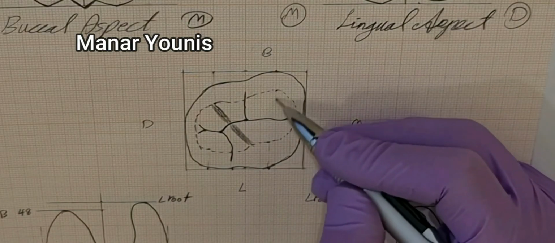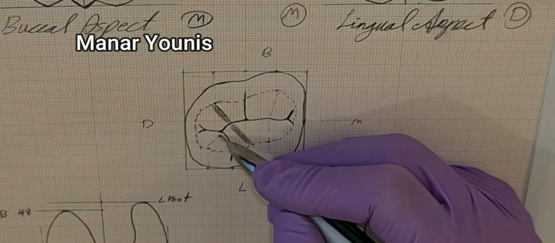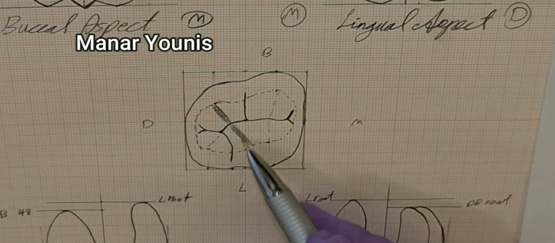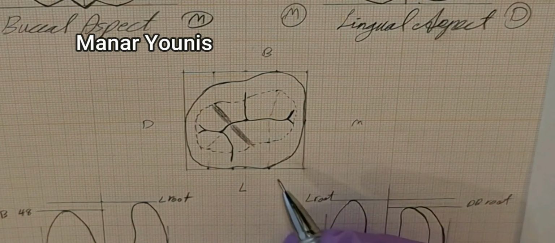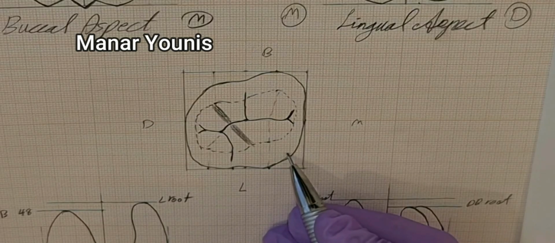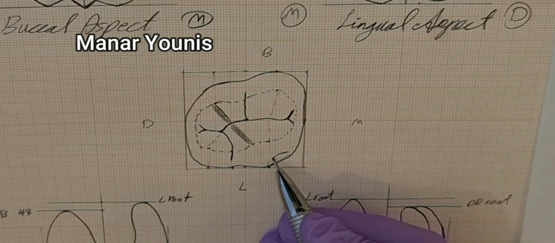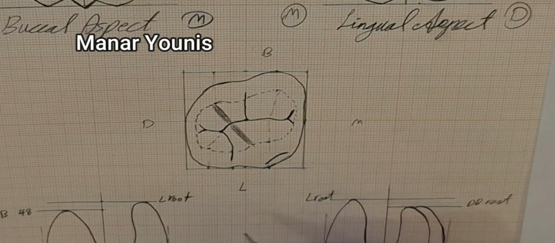Of course, each cusp has its own triangular ridge, but the unique feature here is the oblique ridge, which is unique for the maxillary molars. Also, you can mark the position of the fifth cusp. It can be seen here if it is present. The groove that separates the fifth cusp from the mesiolingual cusp can be marked.